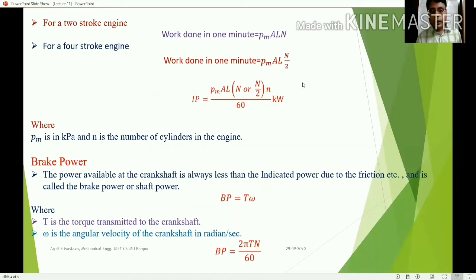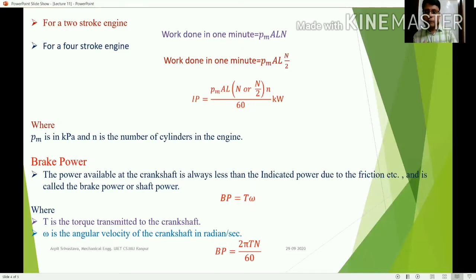That's why if the crankshaft speed is N rotations per minute, we have to divide by 2 for calculating work done in 1 minute. Suppose we take a 4-stroke engine with 500 RPM of crankshaft.